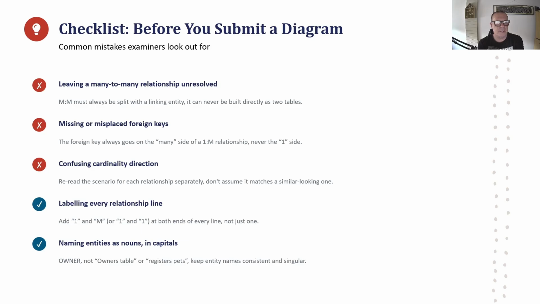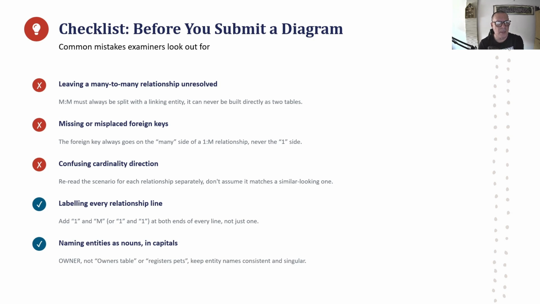Label every relationship line, so don't just draw a line, but make sure it's clear, labeled. Obviously there are different ways of drawing the lines, and you may be fine if you draw it with, say, crow's feet or another common notation, but it's safe just to say 1 and M or 1 to 1 or M and M, depending on what you've got and what stage you're at.